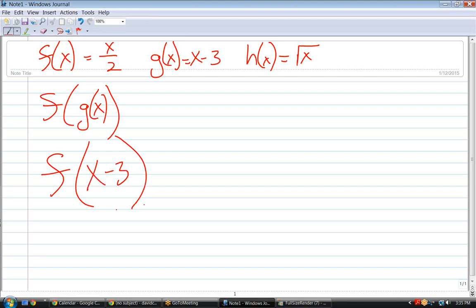So that's all you do: when they say f of g of x, substitute whatever the function g of x is equal to, which is right there, and proceed. So what's the answer? You would have x minus 3 over 2. Just like that.